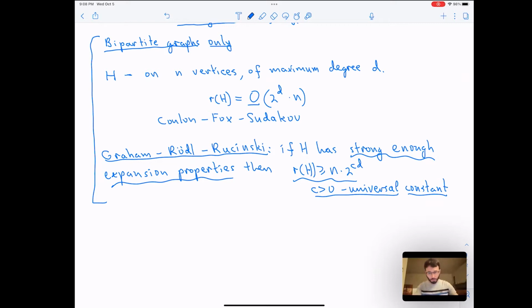So what really influences the magnitude of the Ramsey number of H?